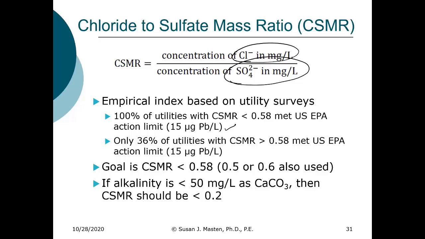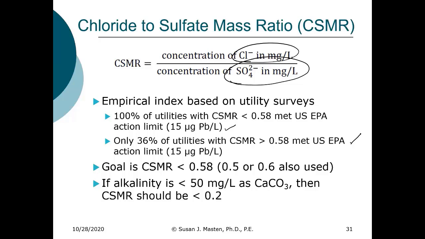But only 36% met the action limit if their CSMR was greater than 0.58. So it doesn't mean that you will definitely exceed the action limit for lead, but it implies that lead corrosion is more likely to be problematic at a higher CSMR.